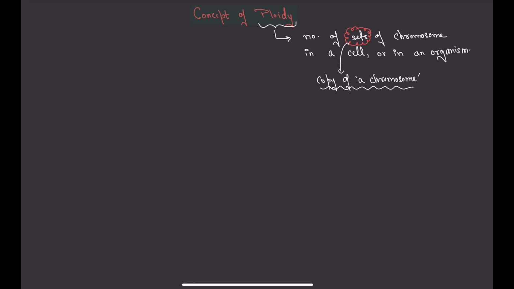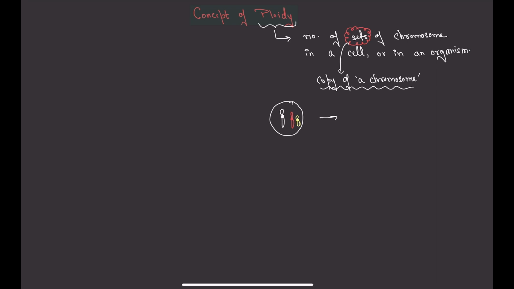Okay, for example, let's say this is a cell, and in this cell we have one chromosome of this type, another chromosome of this one, and one more chromosome, let's say this one. So for every chromosome you can see just one copy is present.